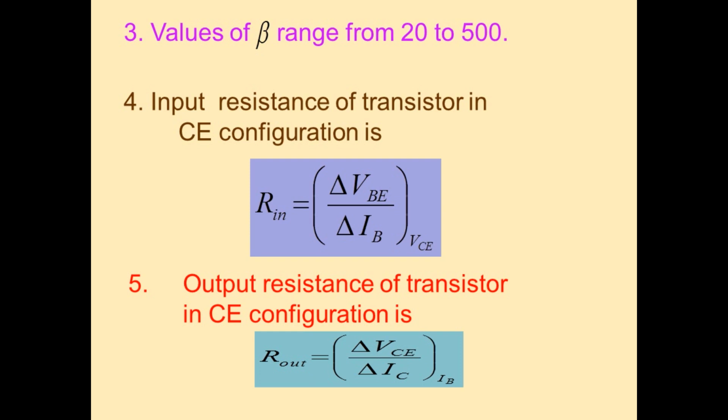So beta is defined as current amplification factor. The values of beta range from 20 to 500.